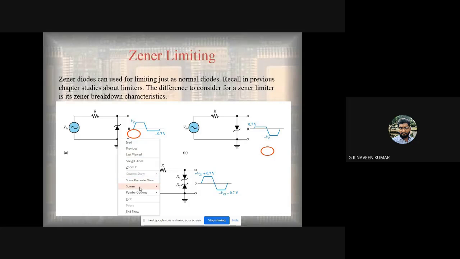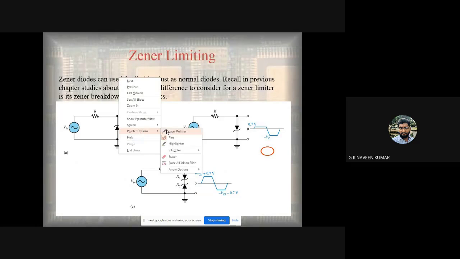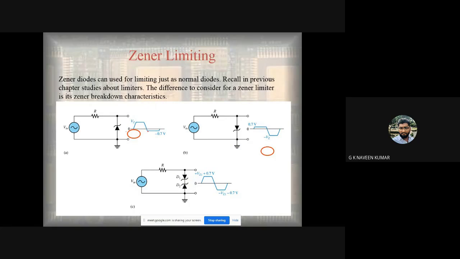Instead of this negative cycle, this will be removed and you will get a constant voltage of minus 0.7. Why minus 0.7?